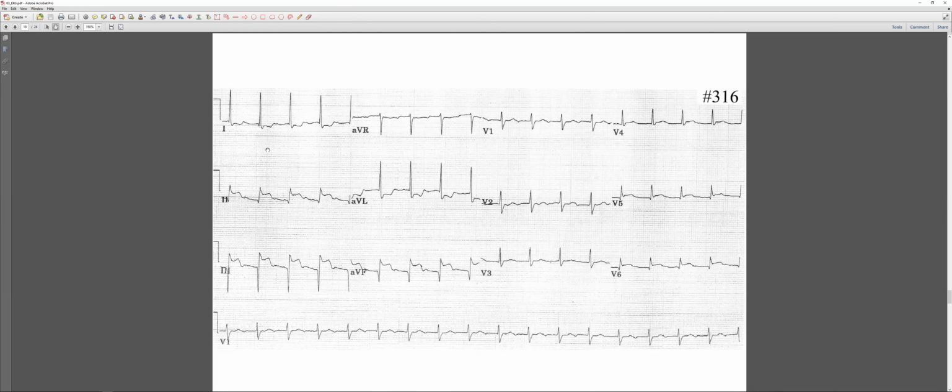Yes. And go on. Okay, and for the chest leads, now, what is the problem with the chest leads? Is it an RBBB?